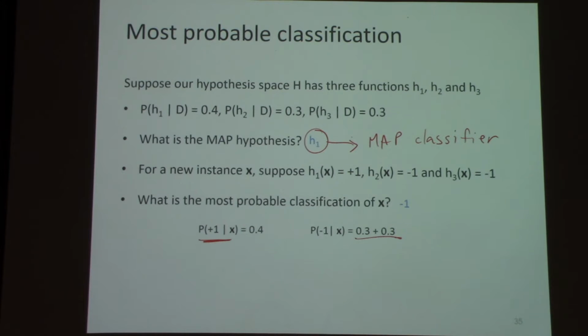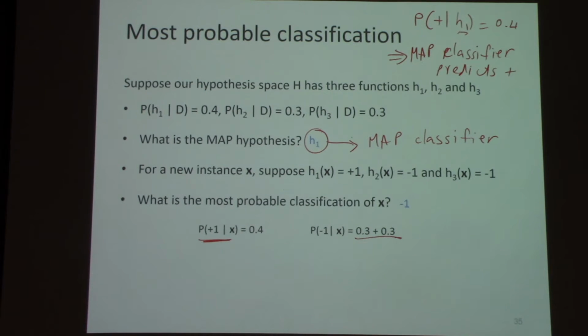And the probability that the label is minus is 0.6. So, the probability of plus given H1 equals 0.4, which means the MAP classifier predicts plus, because we've chosen H1 to be the MAP classifier.